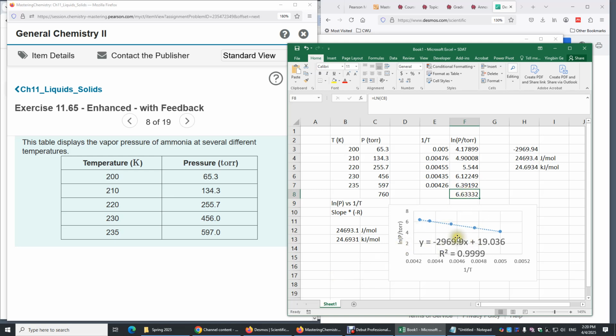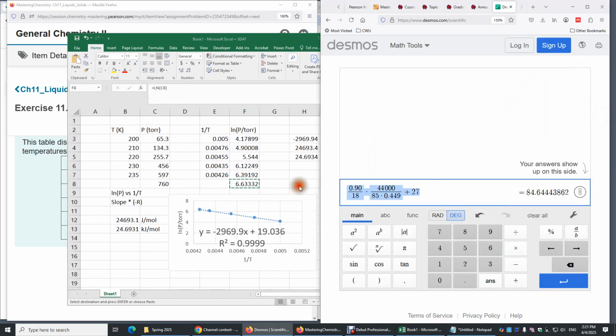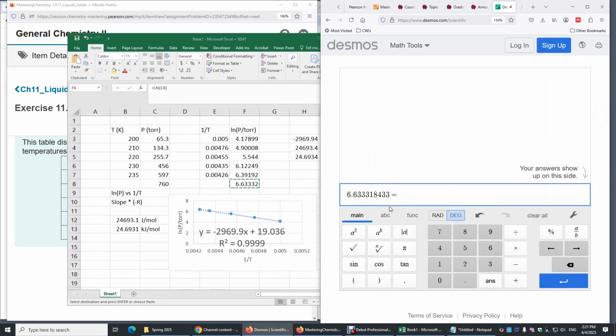Alright, so we'll plug it in. We'll solve this equation, or copy this to the calculator. It's equal to negative 2969.9 times X, and then plus 19.036.